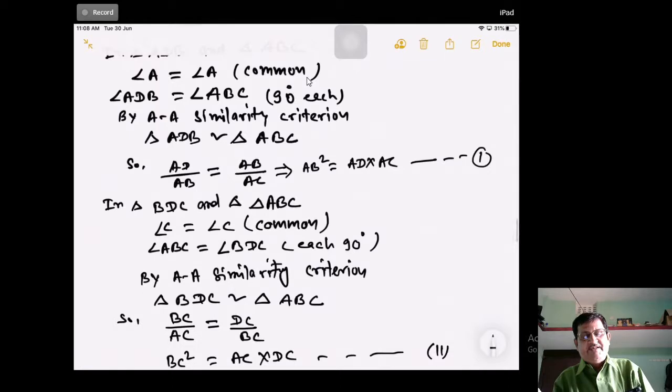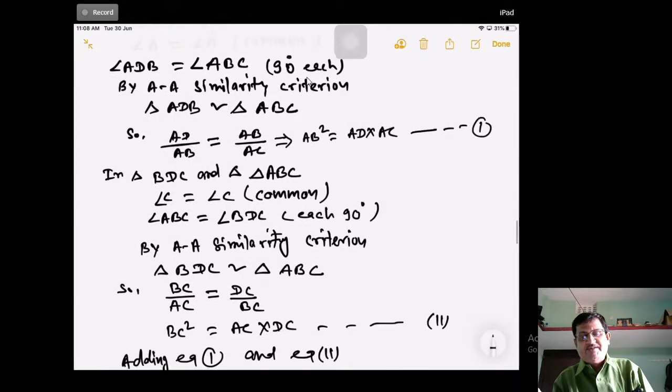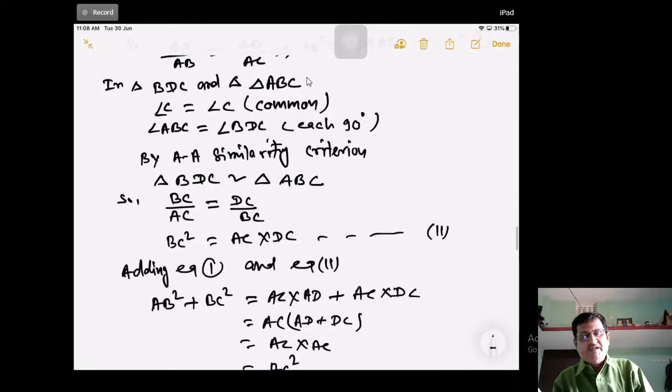In triangle BDC and triangle ABC, angle C is common to both triangles, and angle ABC is equal to angle BDC, which is 90 degrees. By AA similarity criterion, triangle BDC is similar to triangle ABC.